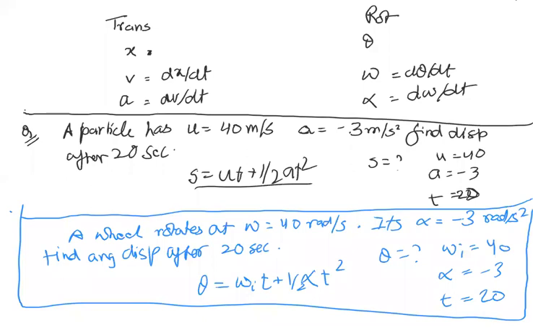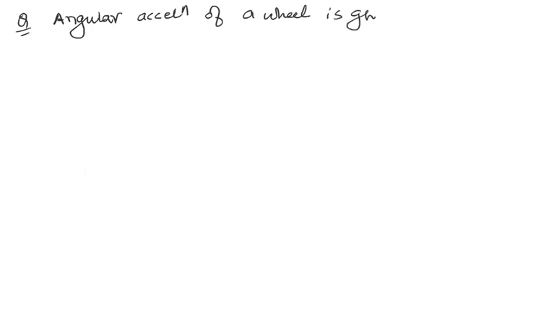So I would like to give you one problem for you to do. I'll just change the slide. So the problem is: angular acceleration of a wheel is given by alpha is equal to minus k root omega.